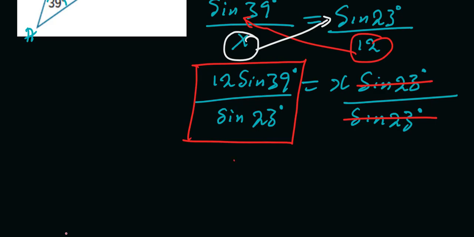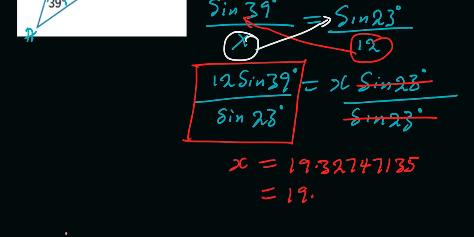So x is equal to 19.39747135, and to the nearest tenth, this will be 19.4. So this is now the final answer to this question. I hope it makes some sense to you.